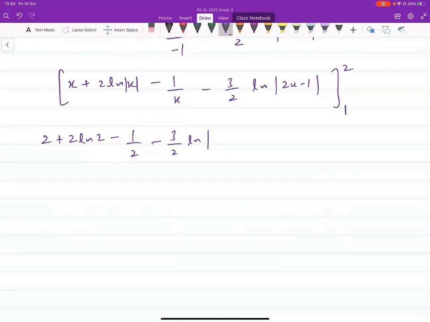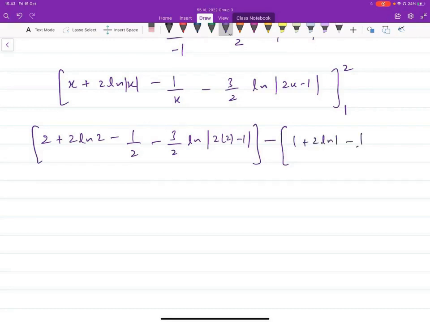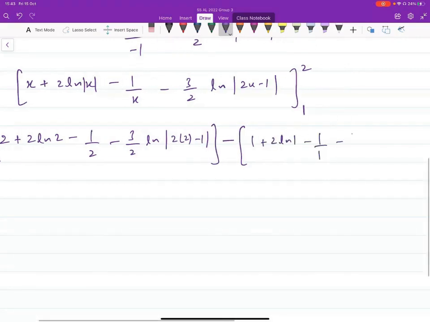That's going to be 3 minus, let me just write that down, 2 into 2 minus 1. We subtract from that 1 plus 2 ln 1 minus 1 over 1 minus 3 over 2 into ln of 2 minus 1.